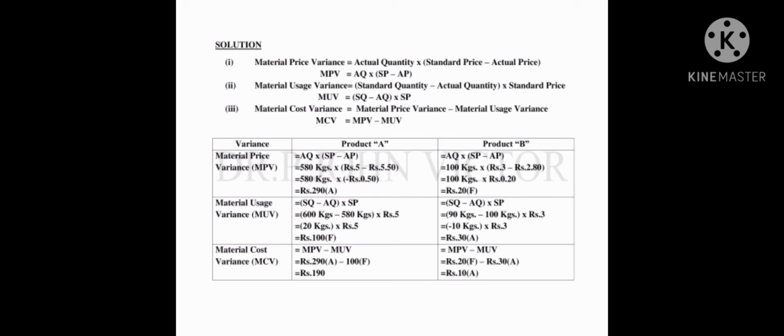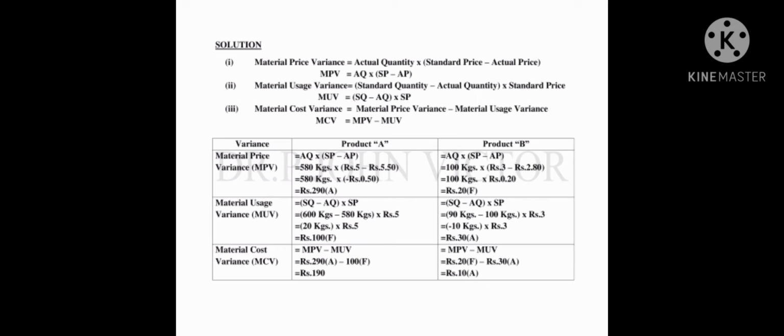Then product B, the same material price variance: actual quantity 100 kilograms and standard price 3 minus actual price 2.80. Now you see 3 minus 2.80, the balance is 0.20, so it is a plus value, definitely, because 3 is the bigger number.